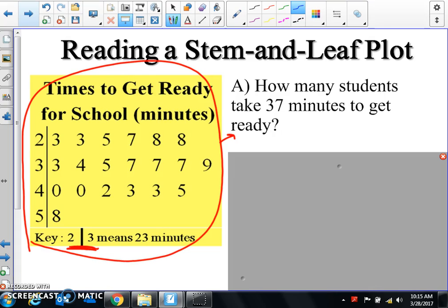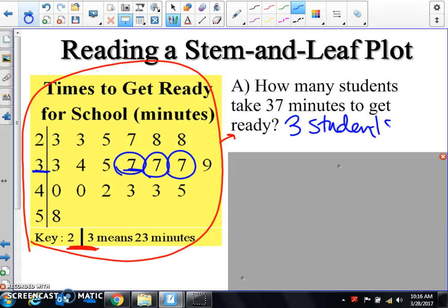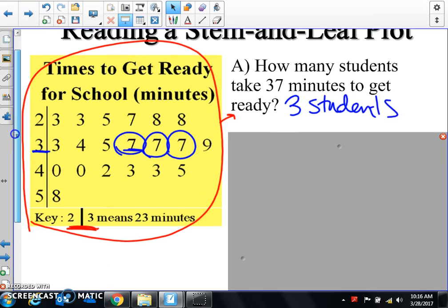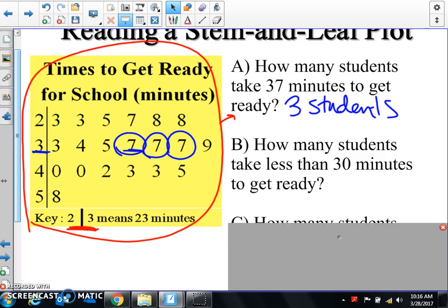So it says, how many students take 37 minutes to get ready? So 37, I've got 1, 2, 3. So I would say 3 students. Okay, the next question says, how many students take less than 30 minutes to get ready?